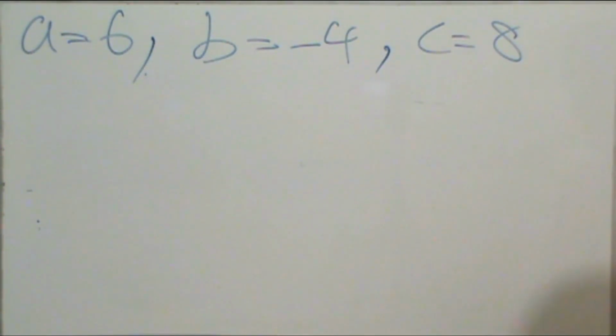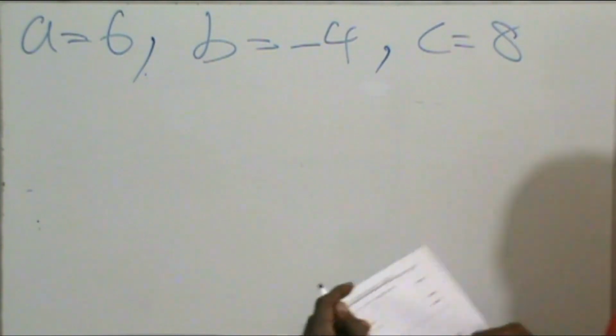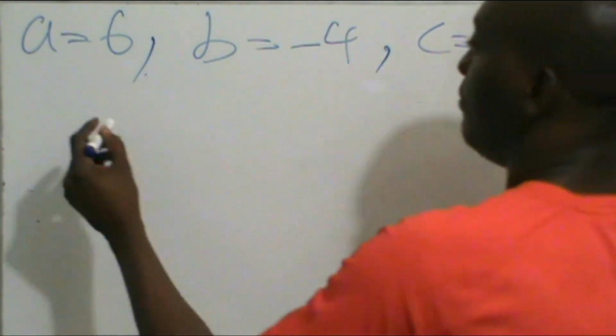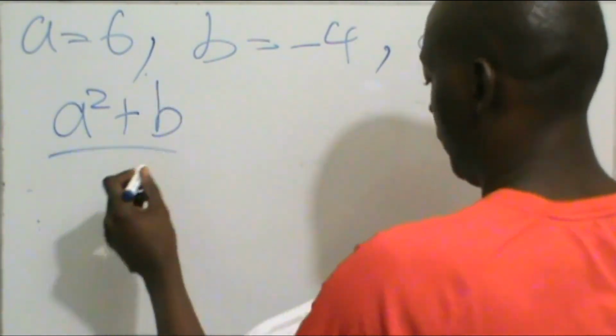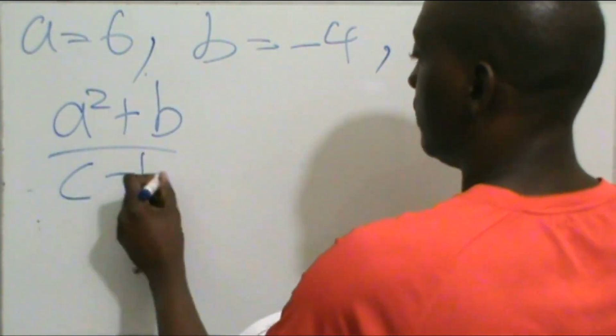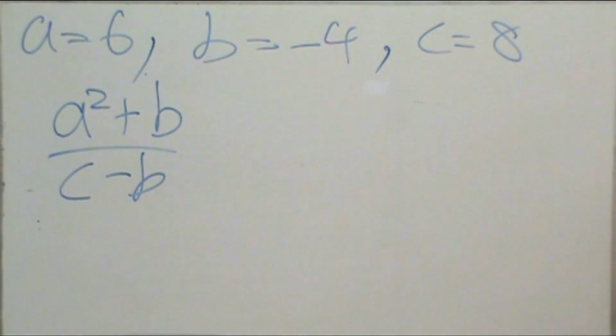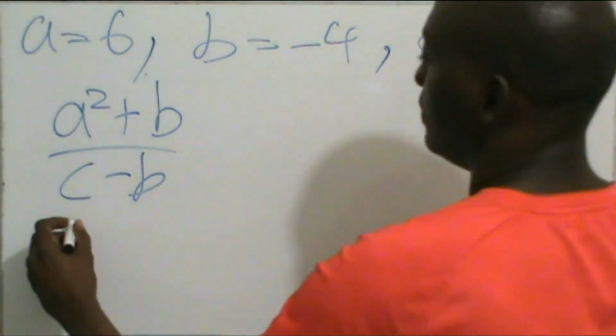No, let me write down the question first. It said, calculate the value of A squared plus B all over C minus B. Alright? So the first step is to substitute. We substitute as follows.